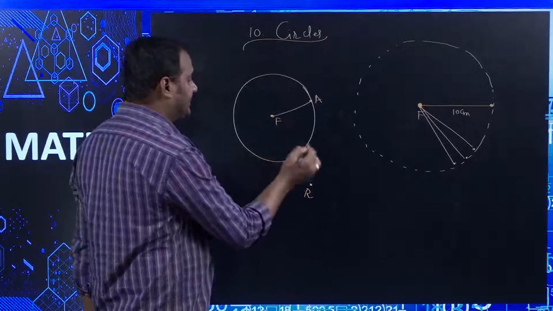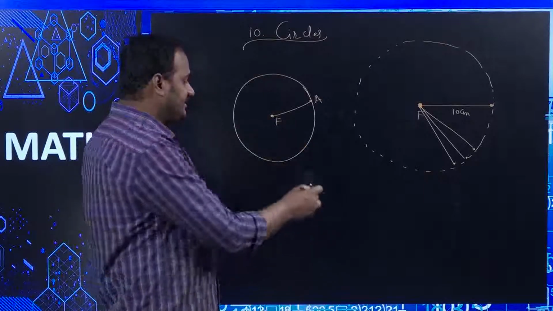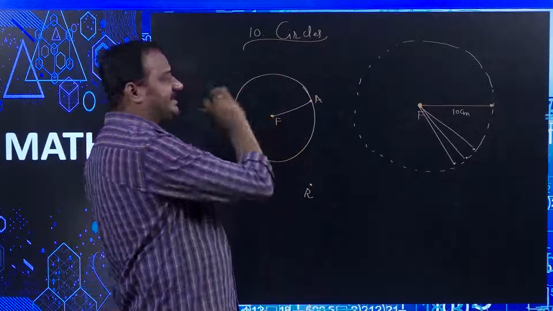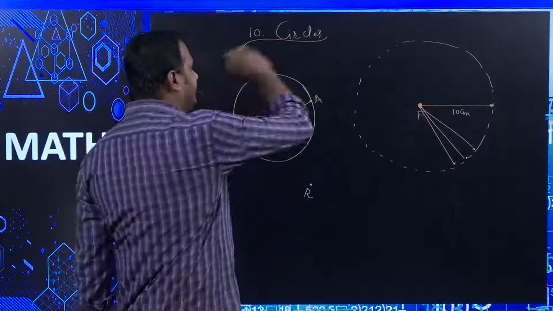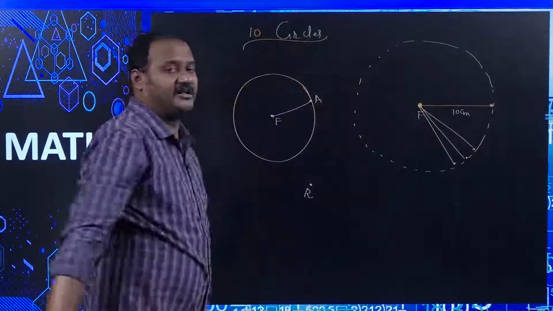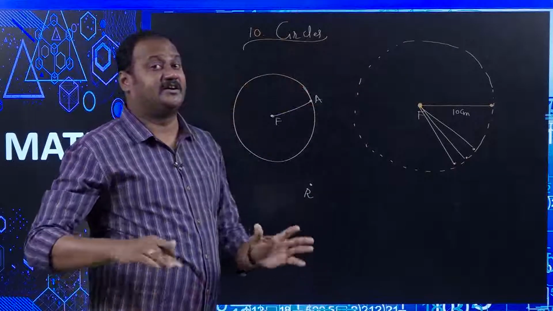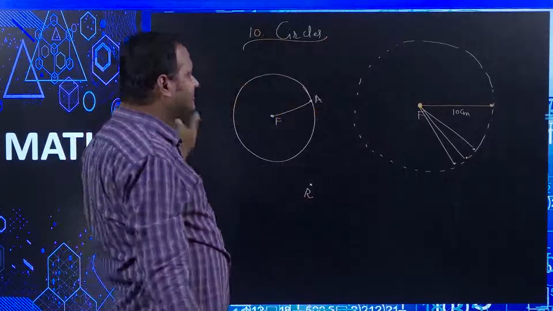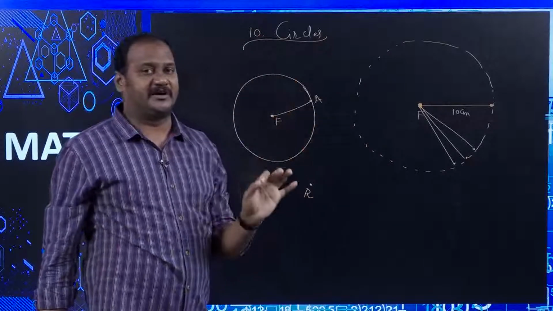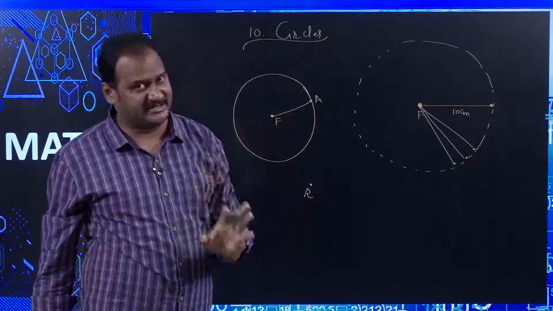Let this point be R. See, this point definitely does not lie inside the circle. This point lies outside the circle. If you take any point here, then definitely the point belongs to its exterior. So the first region is the set of points belonging to the exterior of the circle.